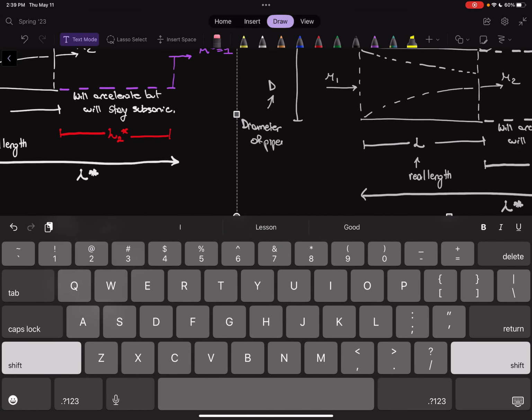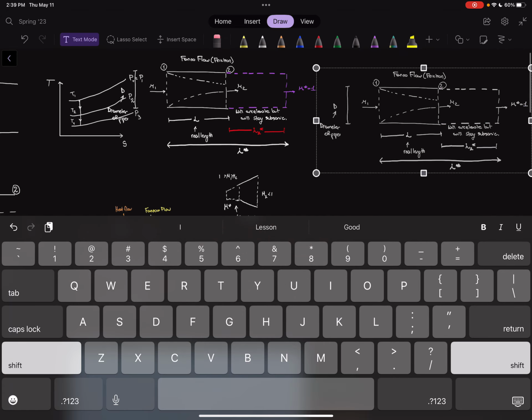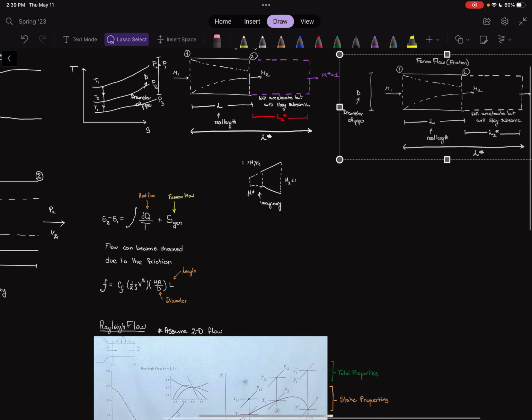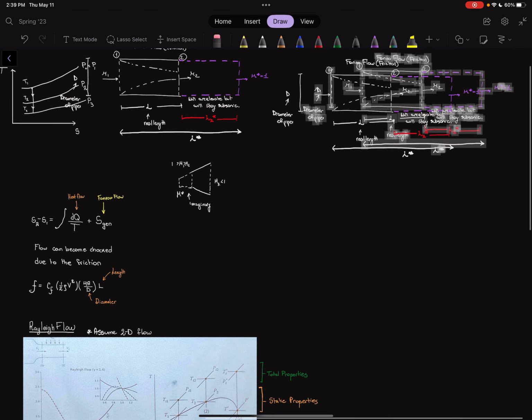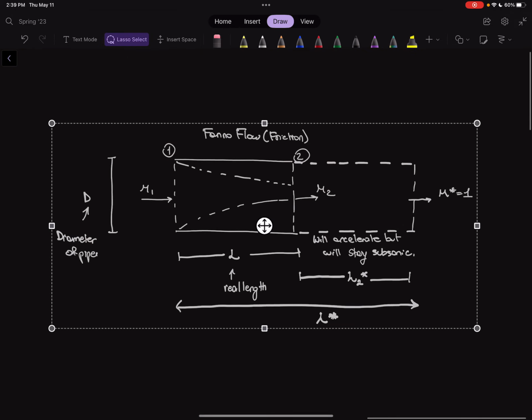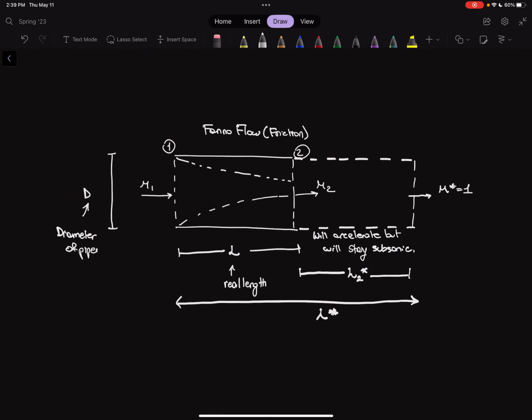They give P1, T1, diameter is given, CF is given. Where does CF come in? P1, do you know?